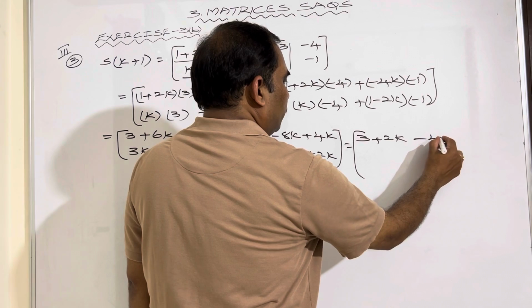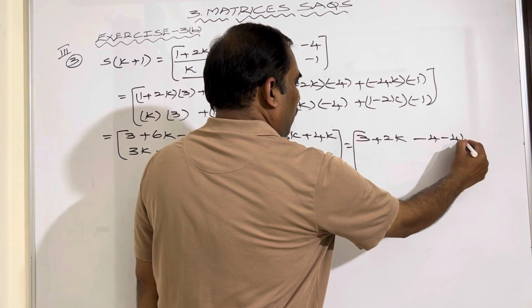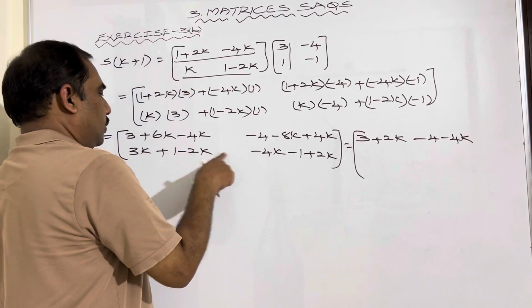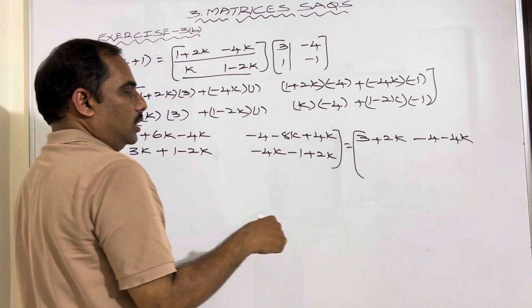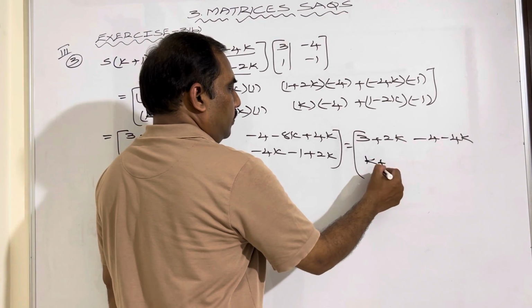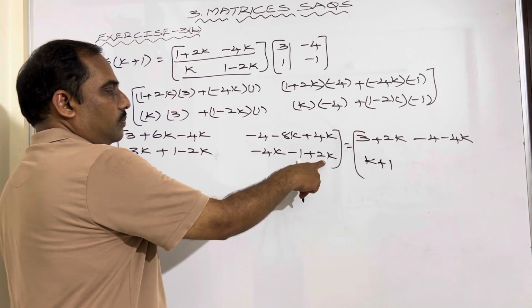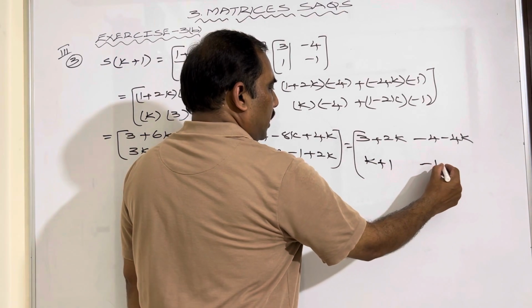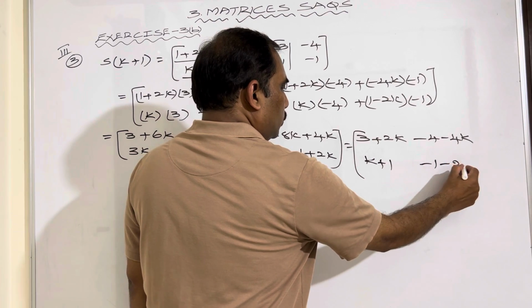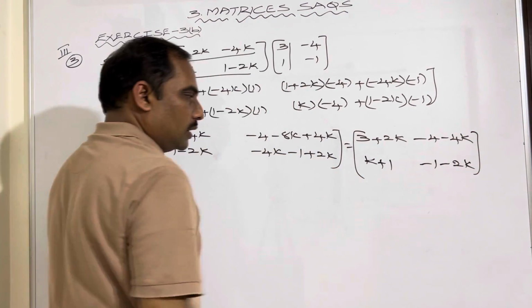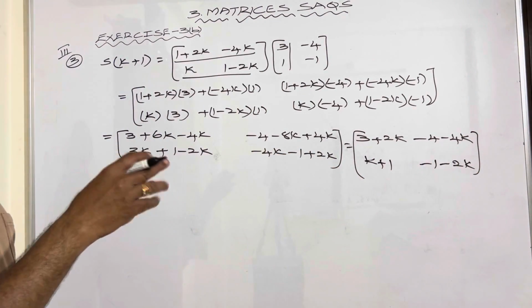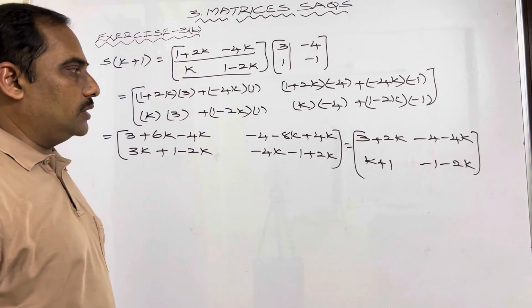Next, 3k plus 1 minus 2k, and minus 4k, and multiplying with minus, minus 1 plus 2k. Further, we get 3 plus 2k, and minus 4 minus 4k, and 3k minus 2k, that is k plus 1, and minus 1 minus 4k plus 2k, that is minus 1 minus 2k. Our aim is that every term must be proved in terms of k plus 1.